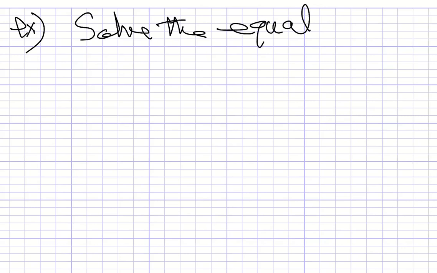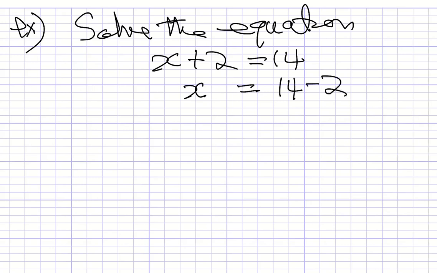It says solve this. Example, solve the equation x plus 2 is equals to 14. So what do you do? You start by moving similar things to the same side. You leave x here and you move 2 over. 14 minus 2, it becomes minus.